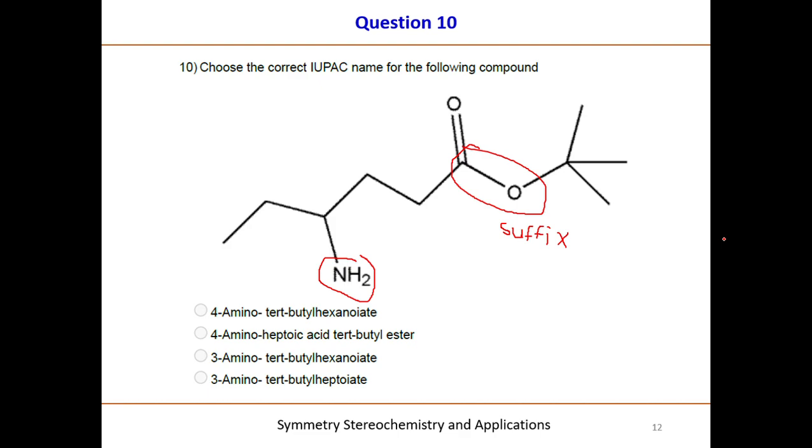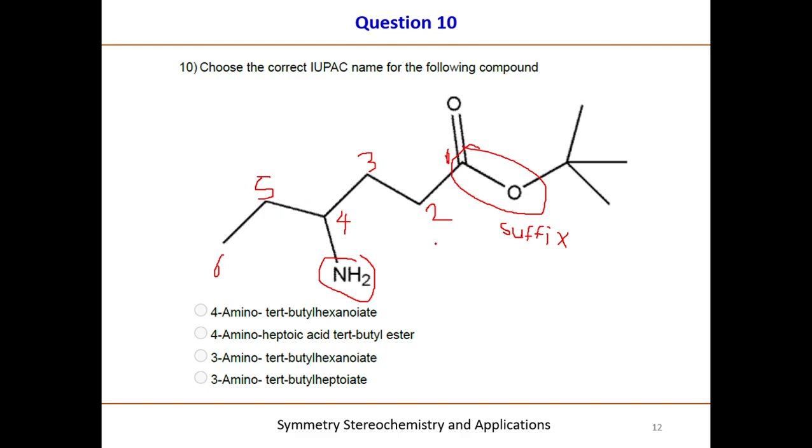Now the second thing, we have to give the numbering to the carbon atoms. As I told you, whenever we have a suffix or highest priority functional group, the numbering will start from that carbon atom. So here this is carbon number 1, this is 2, 3, 4, 5, 6.